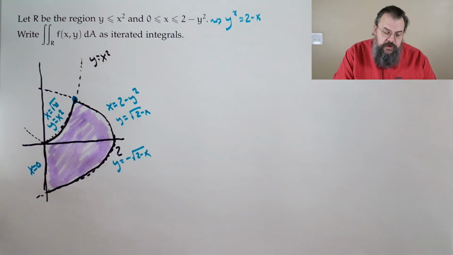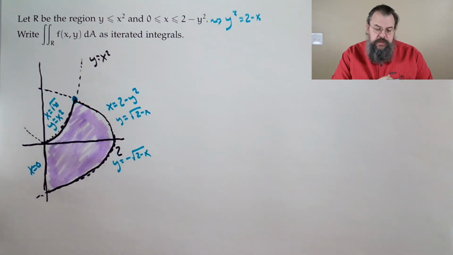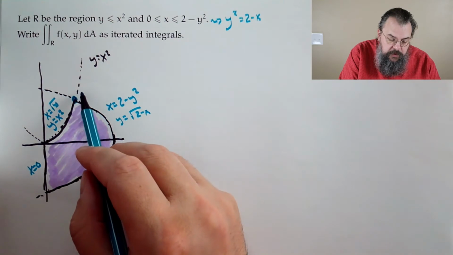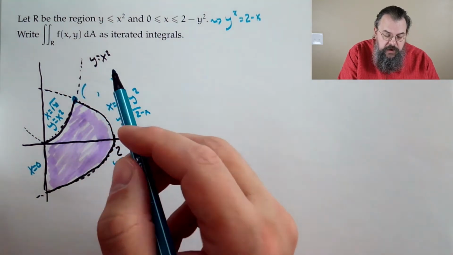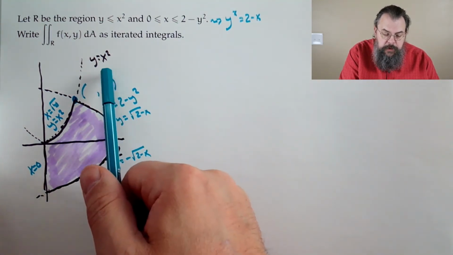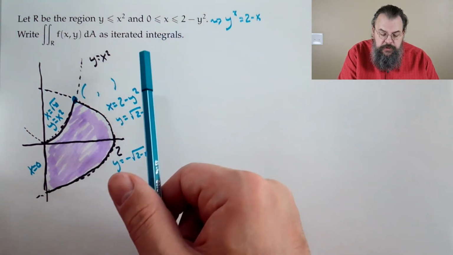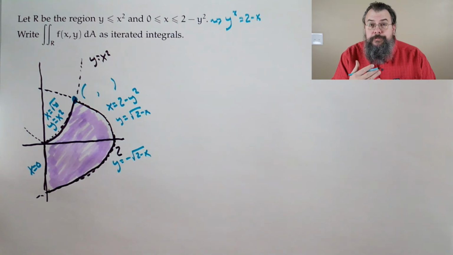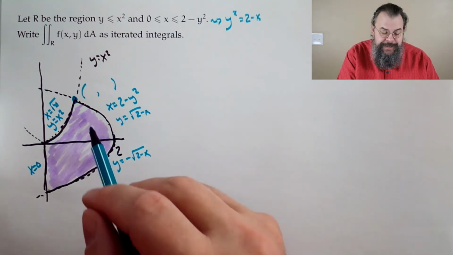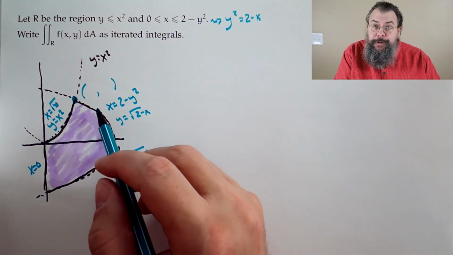Okay, so this intersection. Now, one way you can do it is guessing, which is not so bad. So let's see, can we think of a nice pair of numbers, right? Because this is a coordinate, something comma something, where if we square the x, we get y, or if we square y and subtract it from 2, we get x. I can think of one. Actually, I can think of 1 and 1.